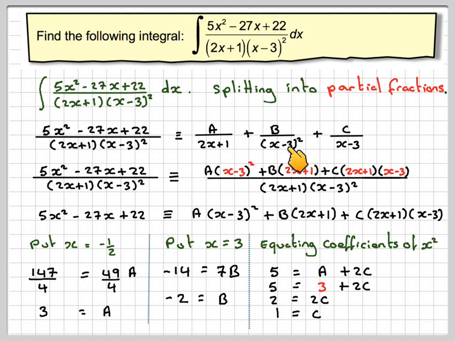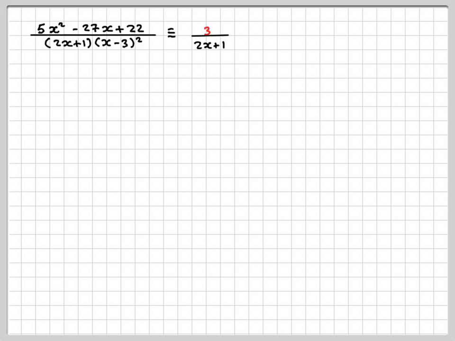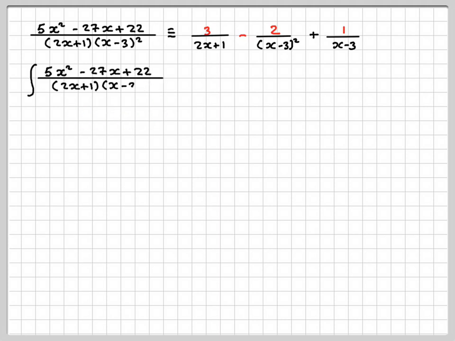Now writing this out with A, B and C in, you're going to get 3 over (2x + 1), minus 2 over (x − 3)², plus 1 over (x − 3). So integrating this is the same as integrating all these separately.